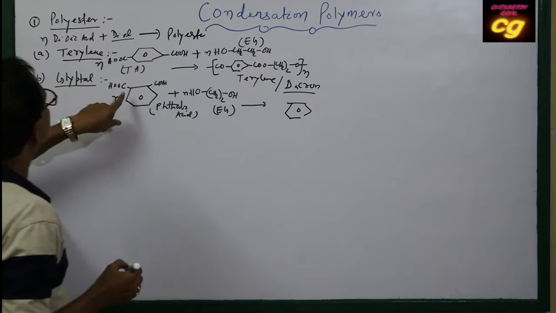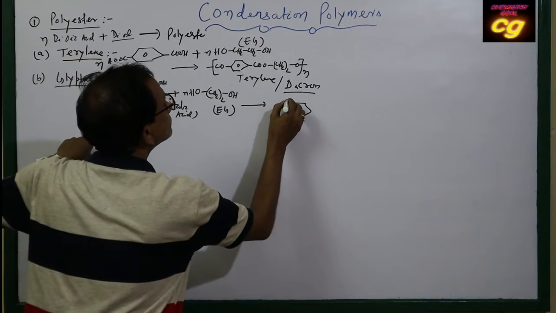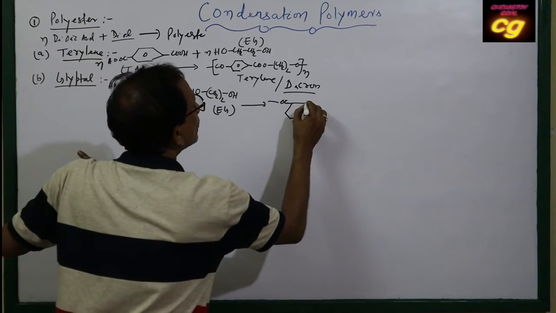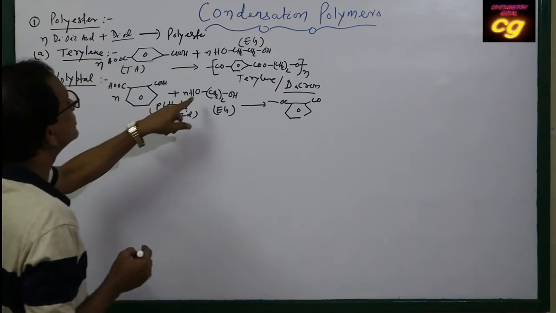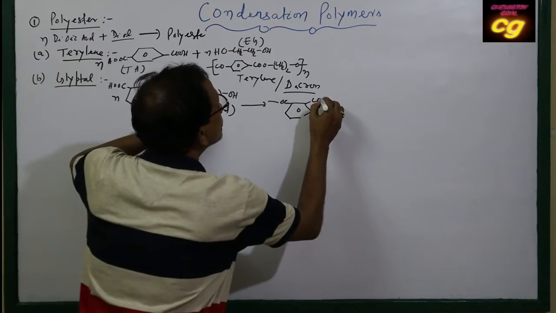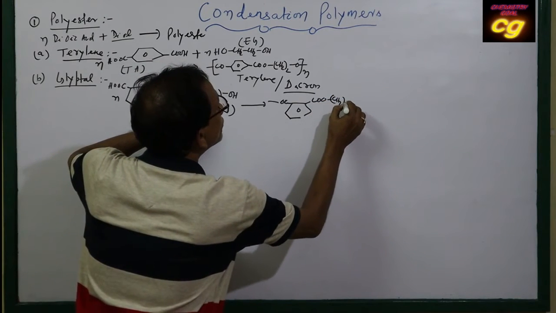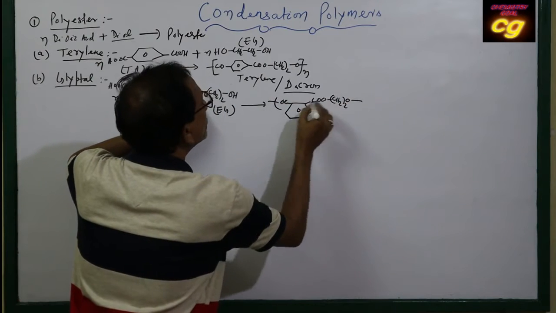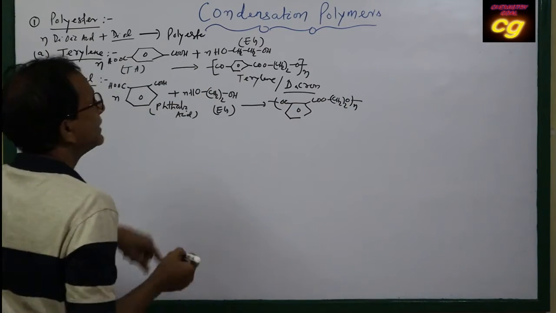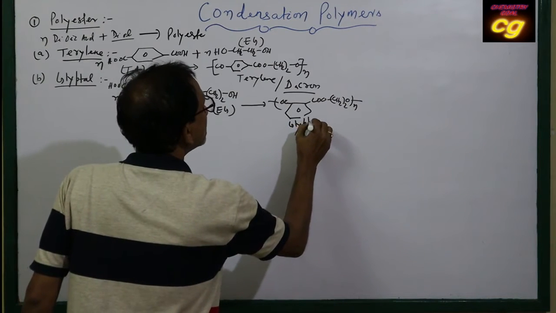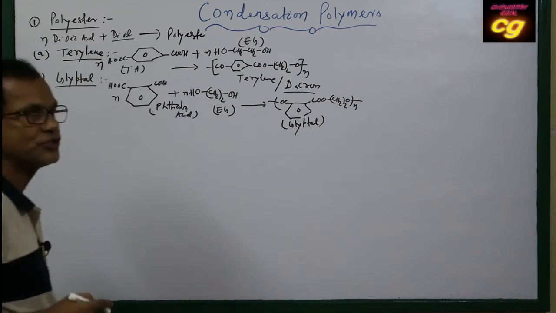Here you start from CO, then at the ortho position again CO attached to O, ester, then CH2 whole 2, then O, whole bracket n. This is your glyptal, one polyester.